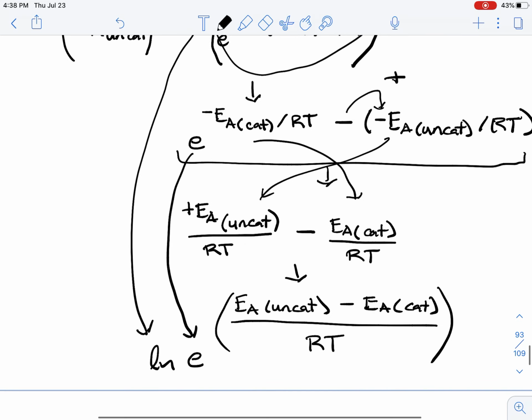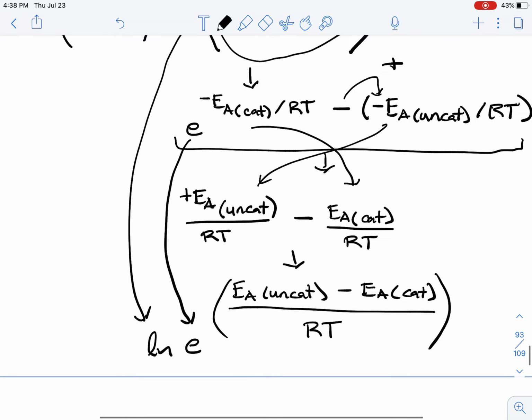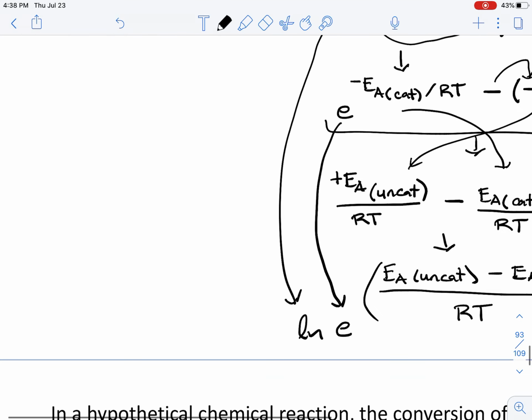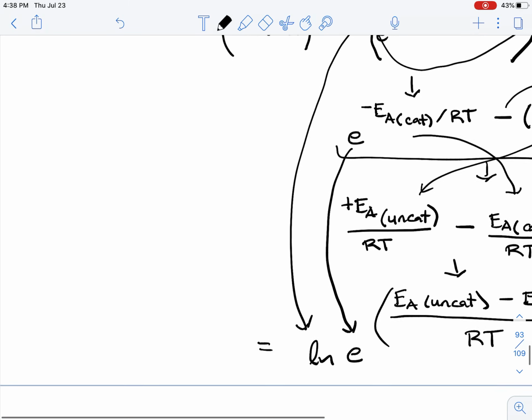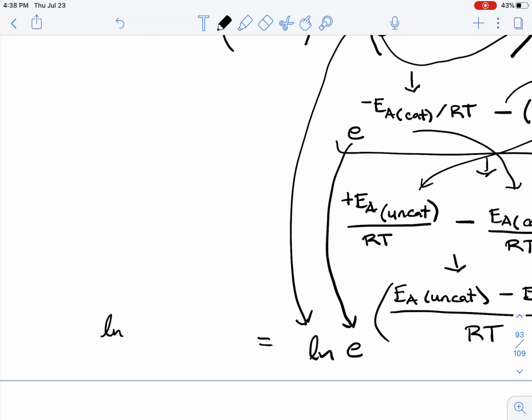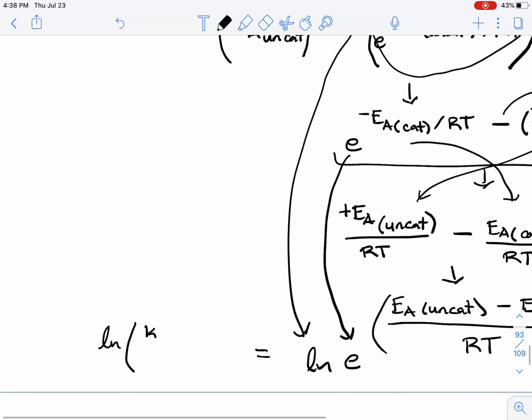All right, and so let me put this equal to the natural log of k cat, the rate constant of the catalyzed reaction, over the rate constant of the uncatalyzed reaction.